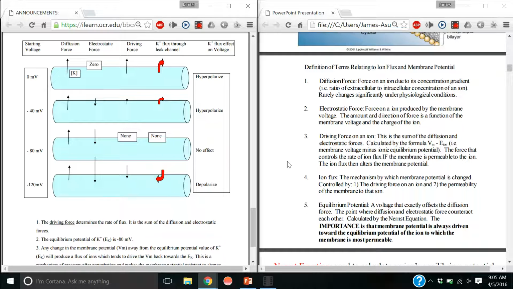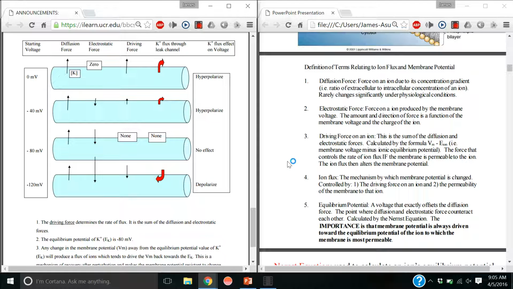In this case, we're talking about potassium, a positively charged ion, and opposites attract. So a negative intracellular membrane potential will attract a positively charged ion.